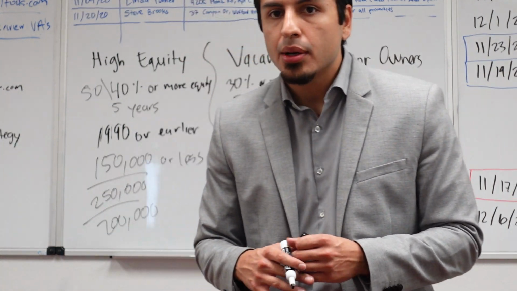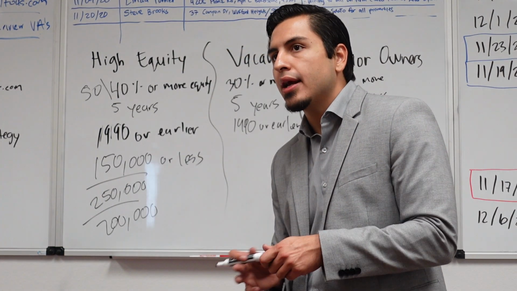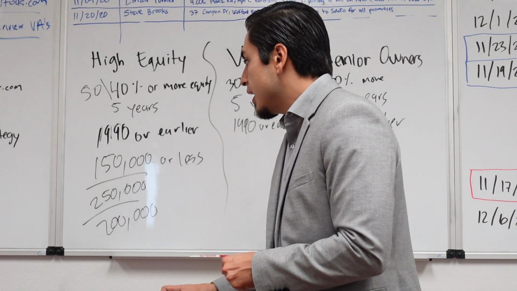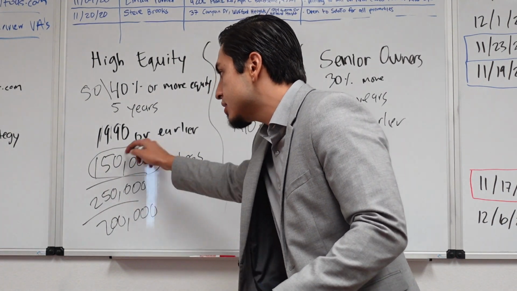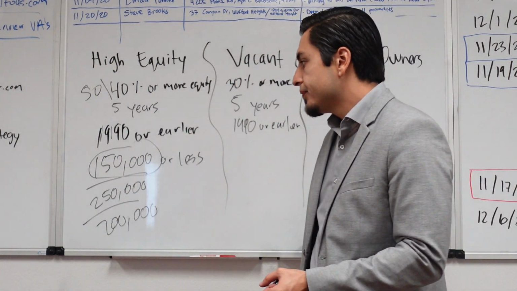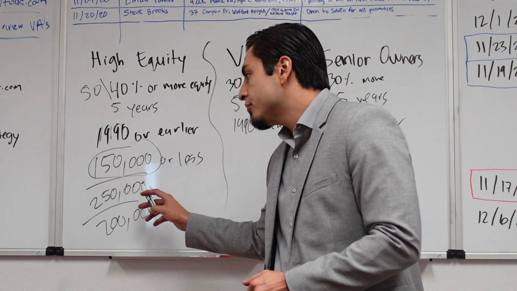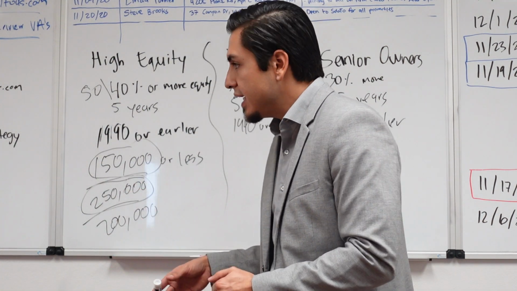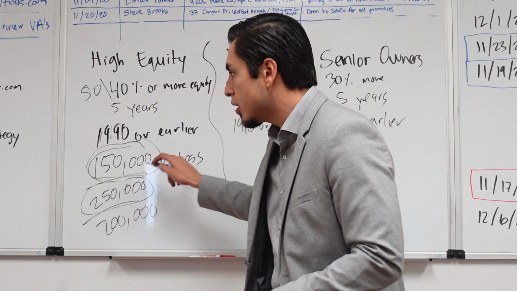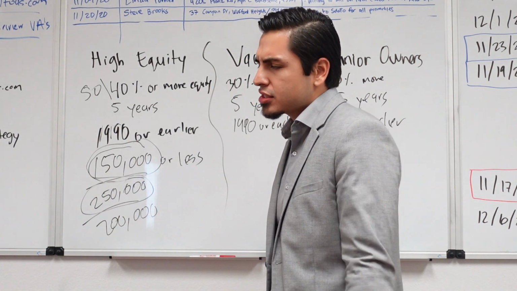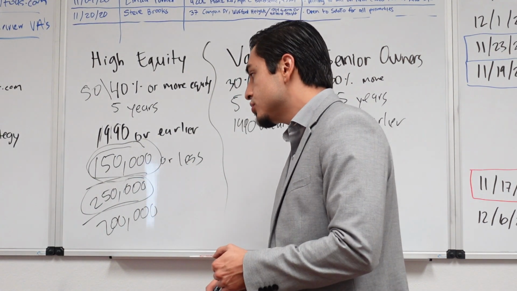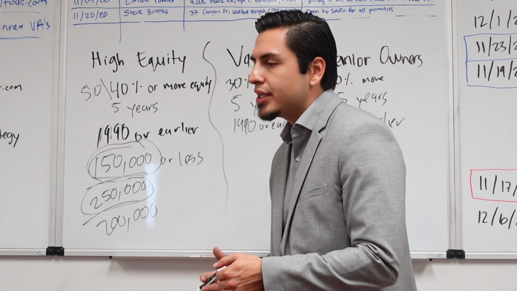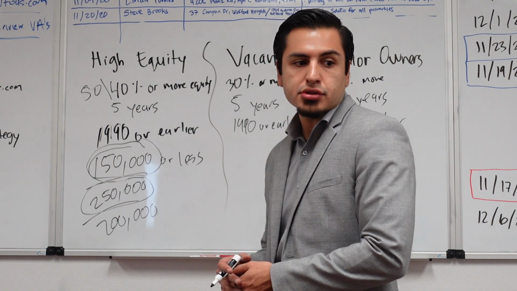If you are looking at a list and the list has 30,000 leads and you are filtering 250,000 or less, then I would say go a little bit lower and start targeting the smaller homes. The smaller homes will usually sell easier, more cash offers, stuff like that.